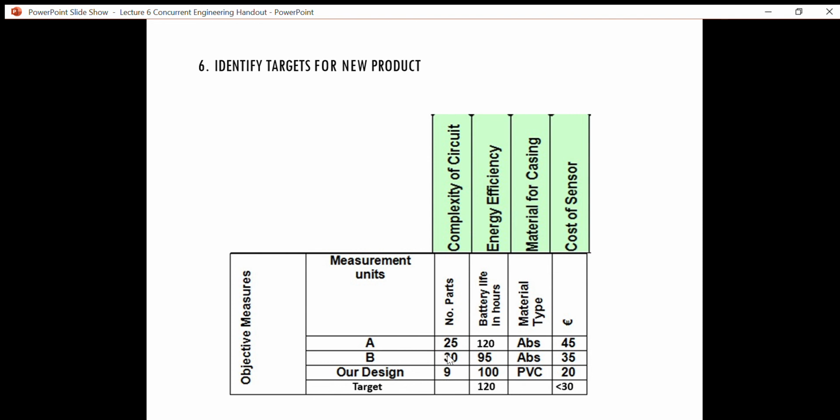This will reduce the price and the cost, because there is a strongly negative correlation between parts or complexity and the cost.